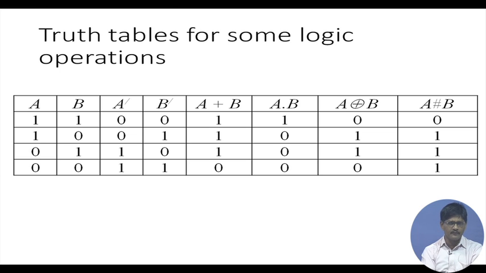A or B? No. A and B? No. A XOR B? No. But if you complement A and B, that means (A and B) whole prime, then you will get A hash B. This is a way in which in many cases you will be able to build up circuits by comparing with existing circuits.